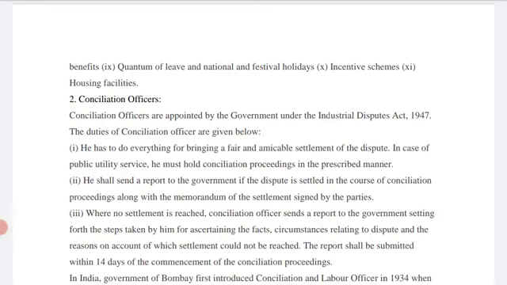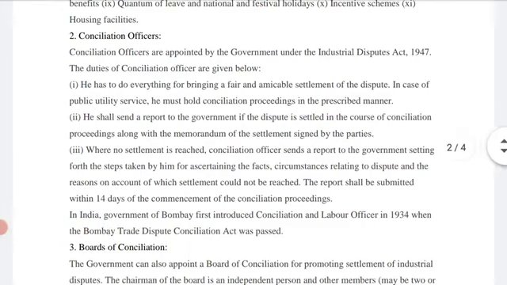Where no settlement is reached, conciliation officer sends a report to the government setting forth the steps taken by him for ascertaining the facts, circumstances relating to dispute and the reasons on account of which settlement could not be reached.